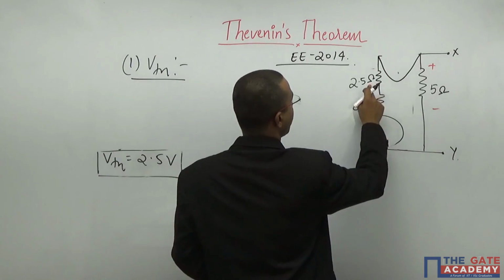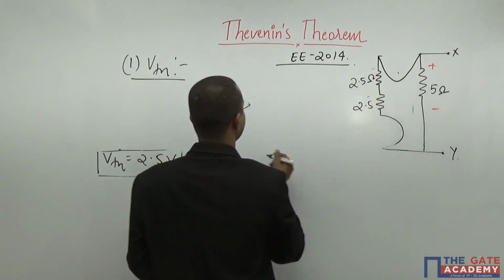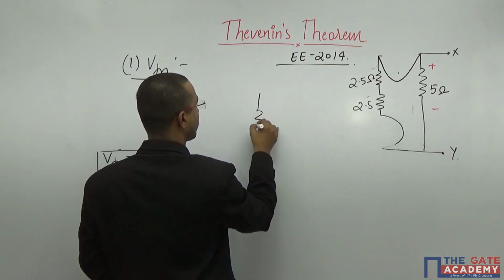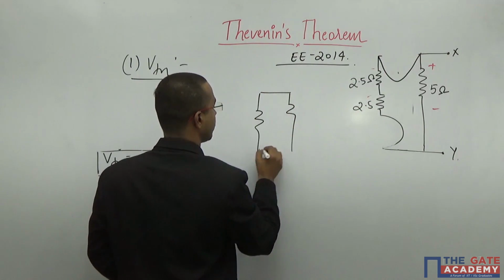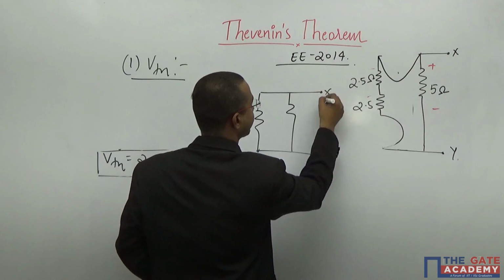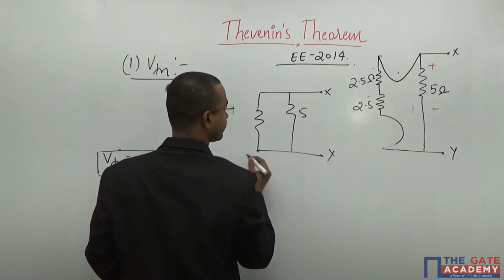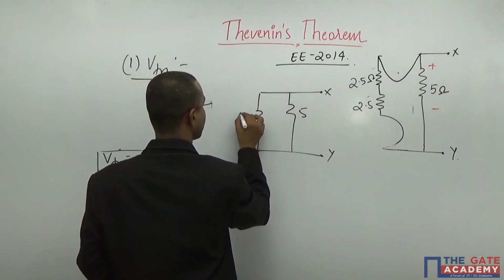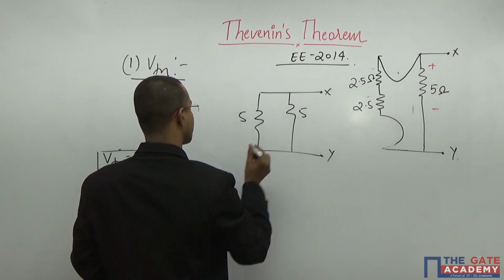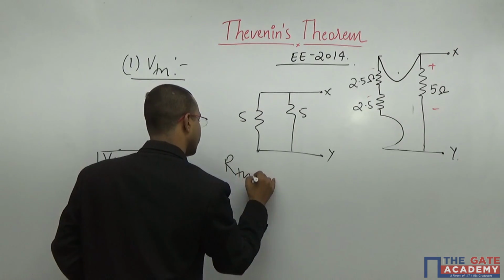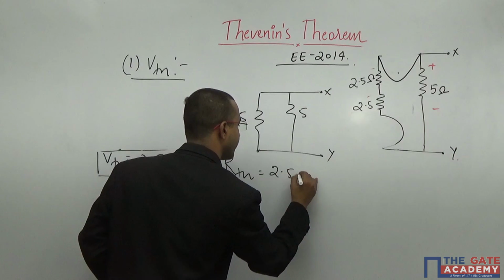That means 2.5 and 2.5 in series, so the equivalent will be like this: 5 parallel with 5 and you will get X and Y here. The parallel of 5 and 5 is 2.5. That means RTH is 2.5 ohm.